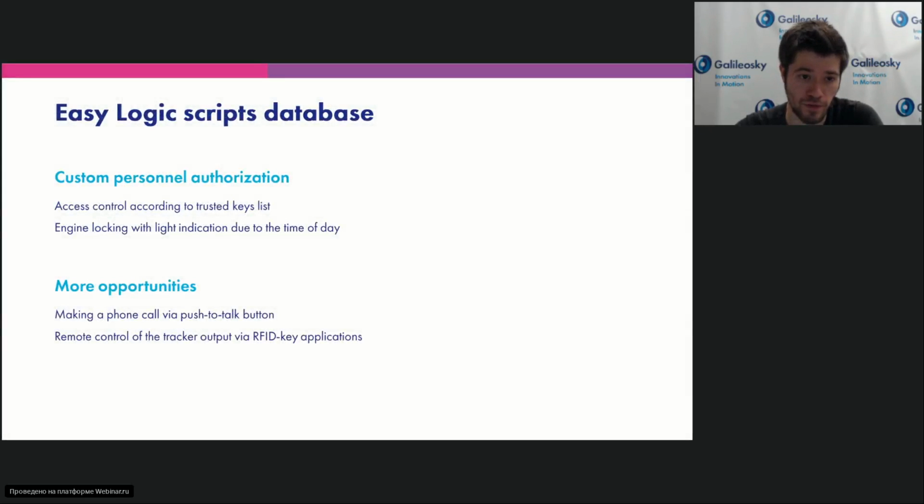We have scripts for custom personnel authorization, like access control according to a trusted keys list, again what I already mentioned, and engine locking with light indication due to the time of the day, and some others. Making a phone call via push-to-talk button, for example, that's for safe driving, and remote control of the tracker output via RFID key applications.